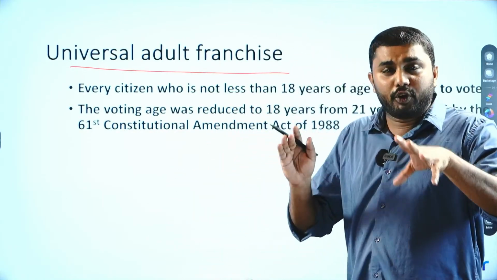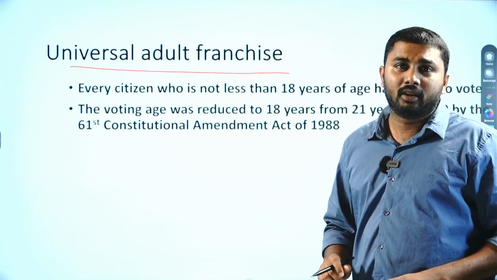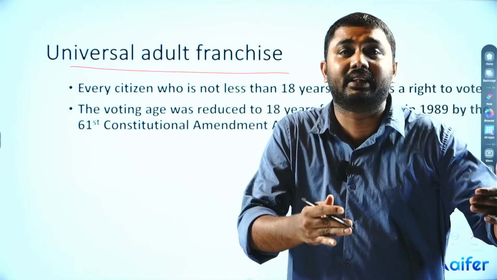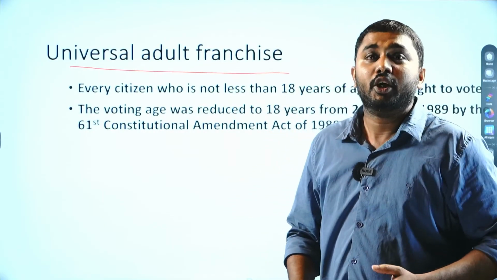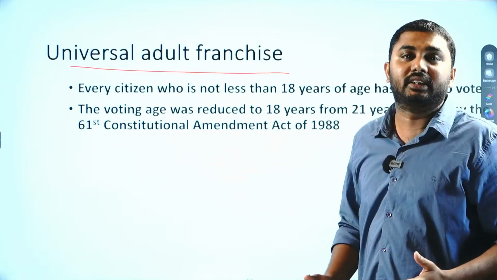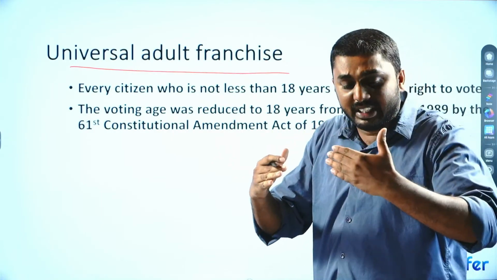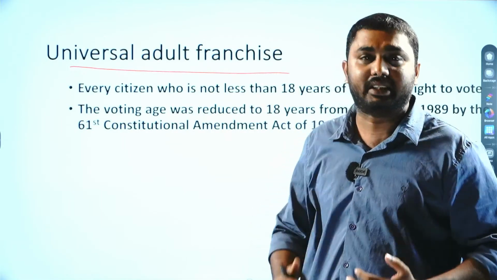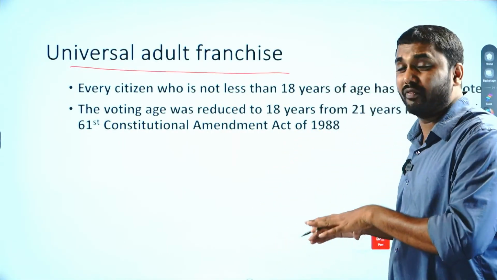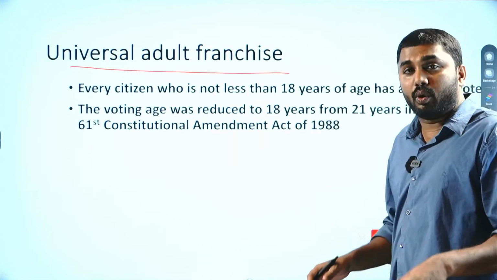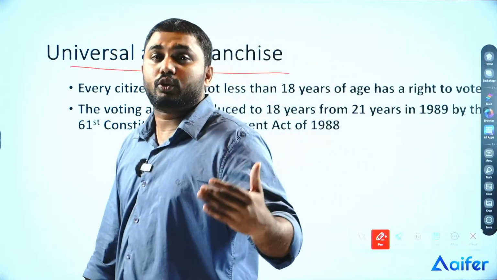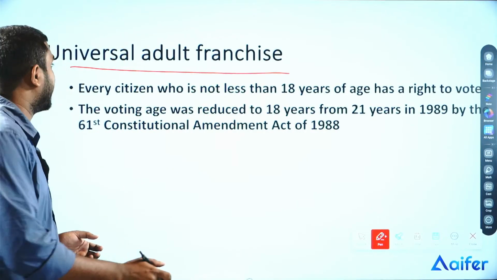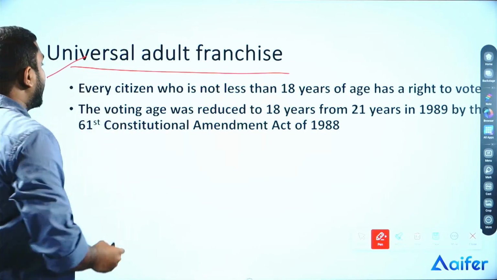If you are studying political science, or you are going to write the NET examination in political science, you have to study all these features in great detail. Today we are discussing only for the purpose of scoring marks in the higher education topic. So the next feature is universal adult franchise.